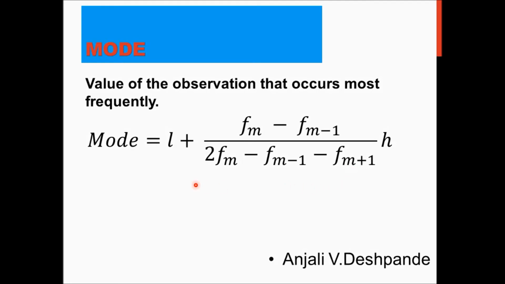Here, L is the lower limit of the modal class. Fm-1 is the frequency of the class preceding the modal class interval. Fm+1 is the frequency of the class which follows the modal class interval. Fm of course is the frequency of the modal class, and h is the width of the modal class interval.